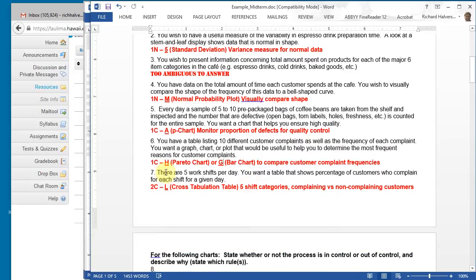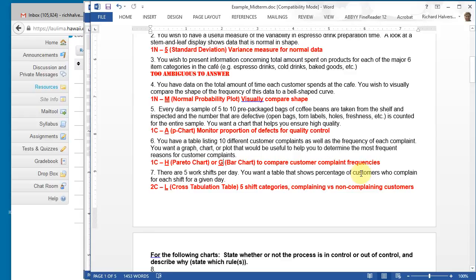Okay, the last one is there are 7 work shifts per day, and you want a table that shows the percentage of customers who complain for each shift for each day. Okay, so this is actually 2 categorical variables because we have work shifts, and then we also have complaining customers and non-complaining customers.